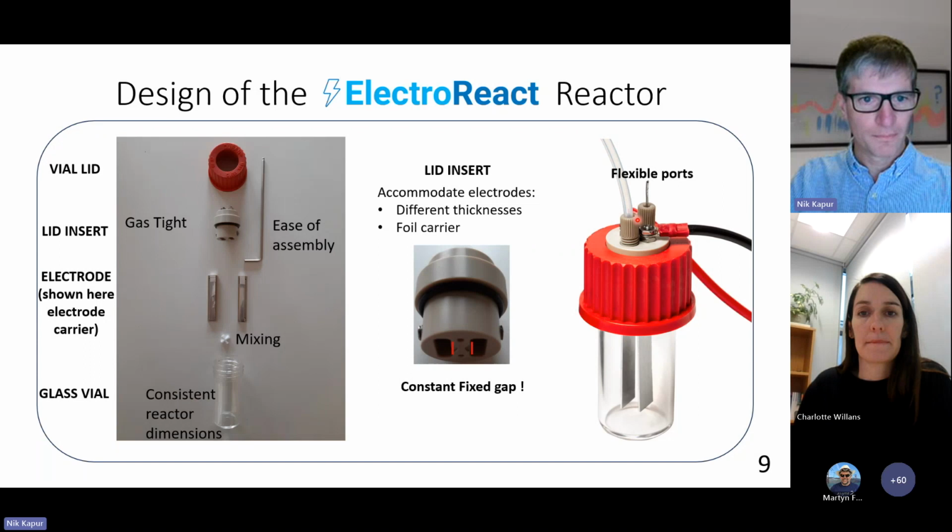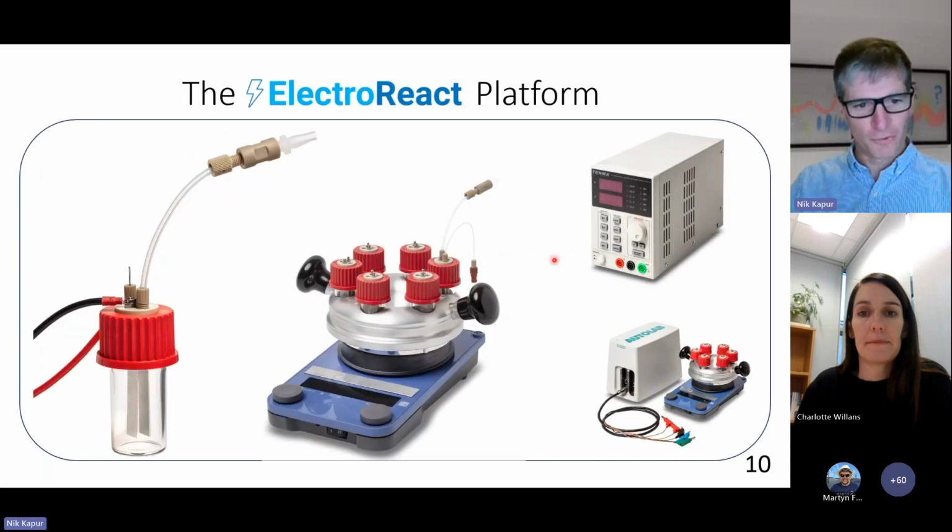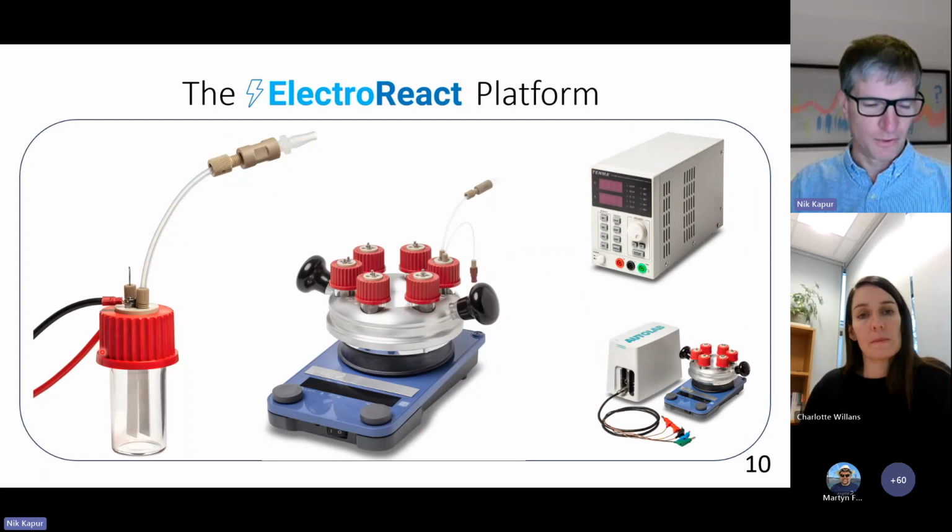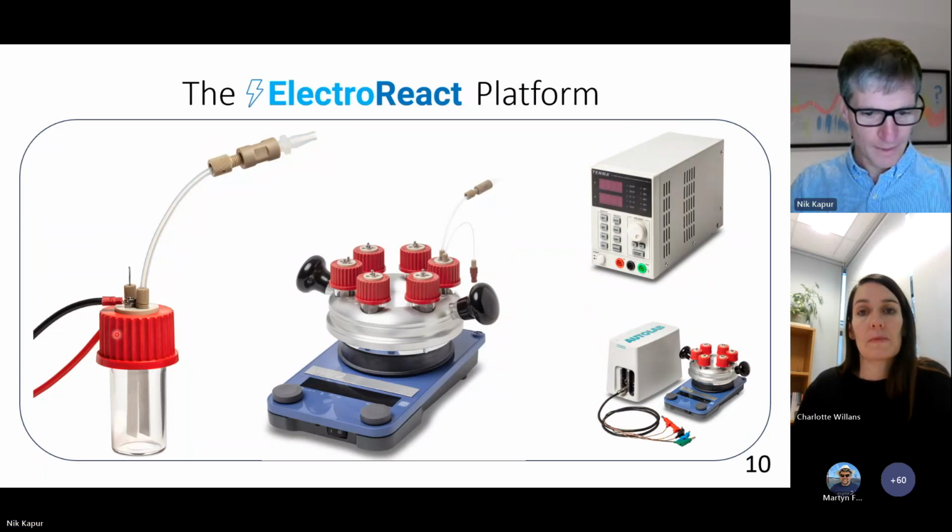This shows almost a full schematic of what you would need to do an electrosynthesis. Over on the left-hand side is the ElectroReact reactor. This has been wired up here with a silver wire in there, and I think that's just being used as a reference electrode. Here we've got a configuration to allow a Schlenk line to be used on there.